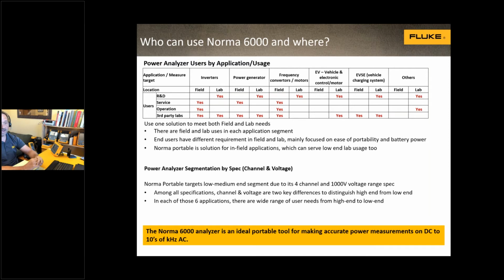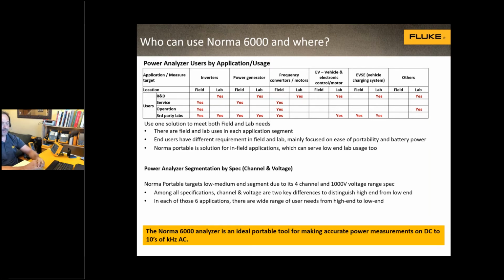So if you have need for a high accuracy unit, but I think the main takeaway here, based on my years of working with customers and dealing with technical support issues, is the need to measure higher frequencies. The Norma can also do frequency measurements. Usually you're looking at the 50th harmonic. You can go up to the 100th harmonic with the Norma 6000, which starts putting you into the supraharmonics measurement category.